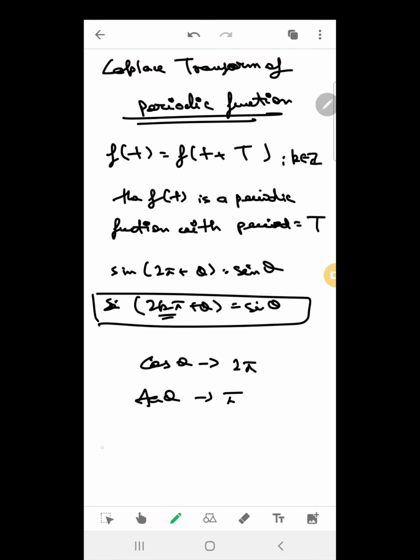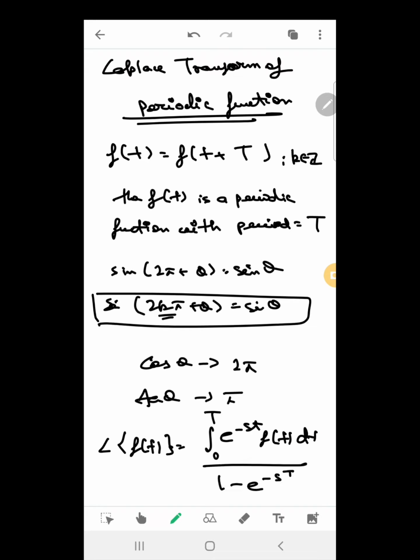So we will be finding the Laplace transform of the periodic function. Let us write the formula. The Laplace transform of f of t is equal to integration 0 to capital T of e to the power minus st f of t dt, over 1 minus e to the power minus s capital T. This is the formula when the period of f of t is capital T. Got it?